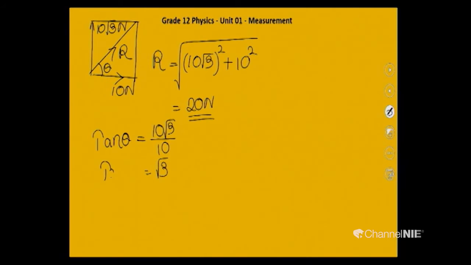Tan theta equals root 3. Then you can see theta is equal to 60 degrees, right? This is how we find the resultant of perpendicular vectors.